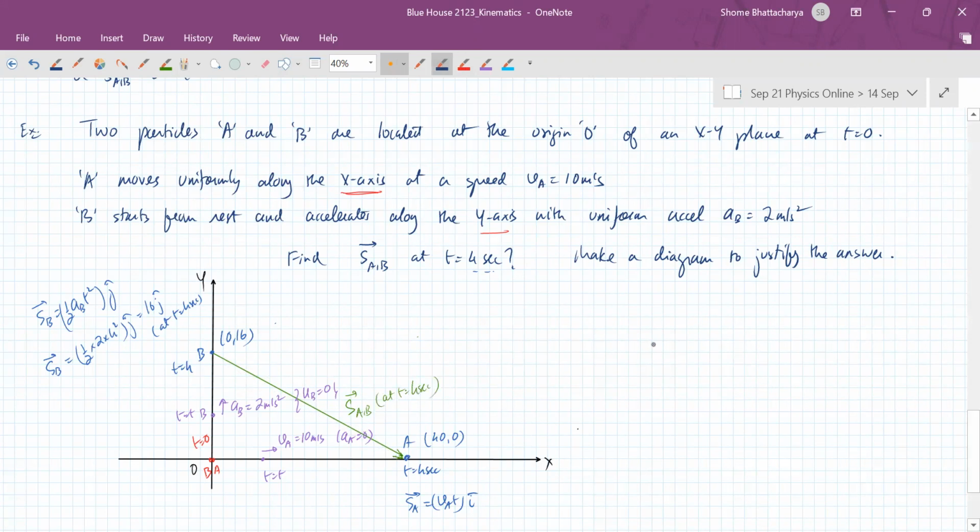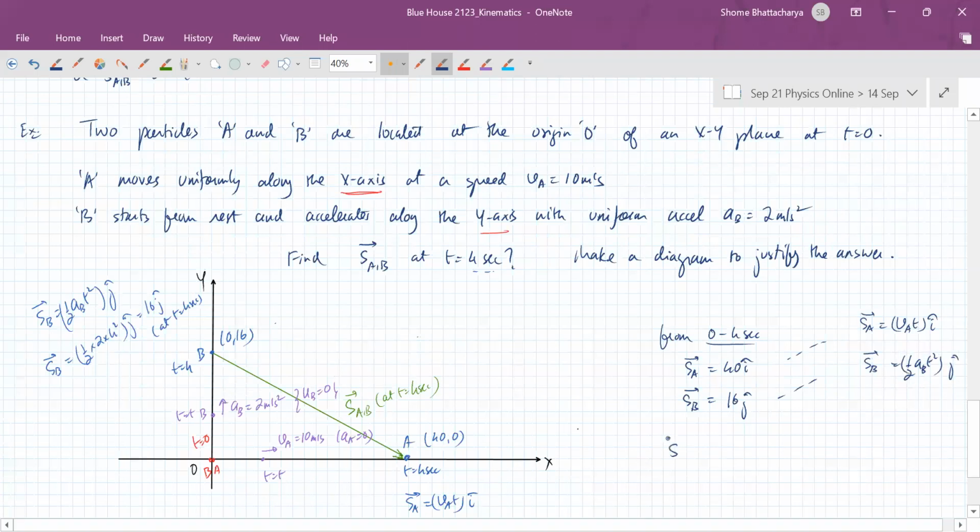Okay. So you can see that from 0 to 4 seconds, A's displacement is coming out to be 40 i cap, and B's displacement in the ground frame is coming out to be 16 j cap. So for this, we are using the idea that A's displacement is like this. And for this, we are using the idea that B's displacement is like this.